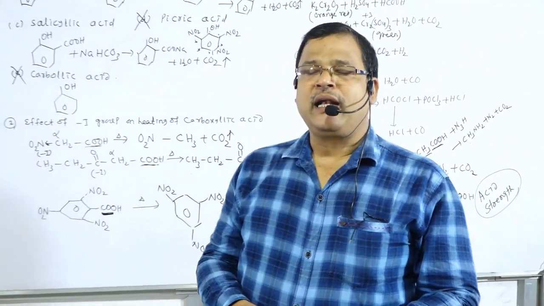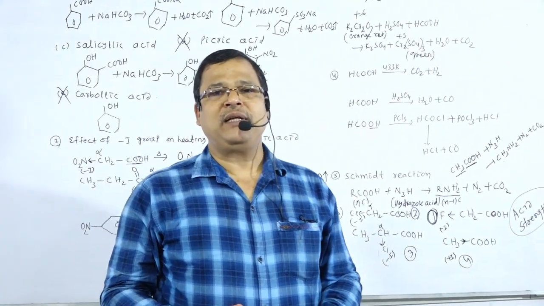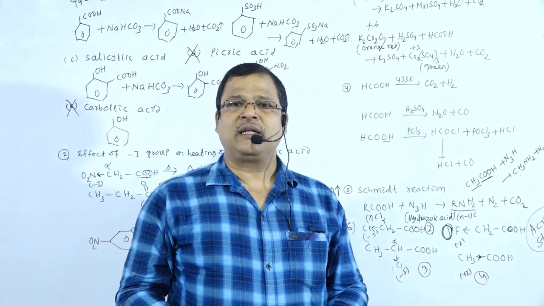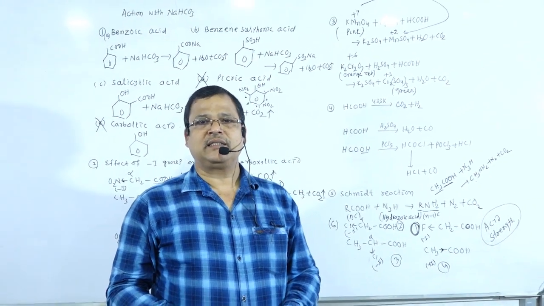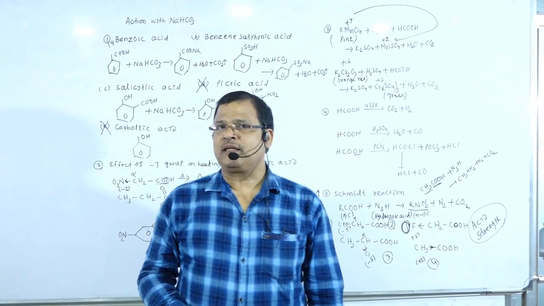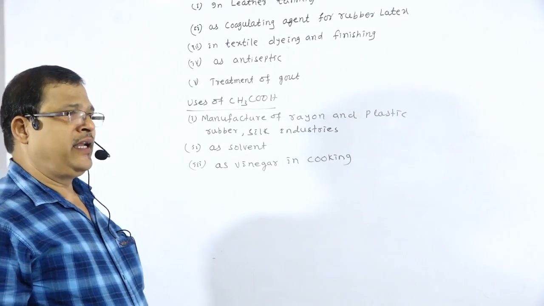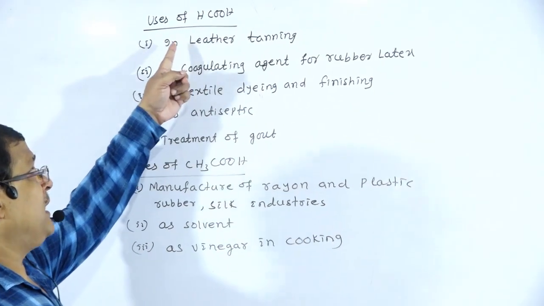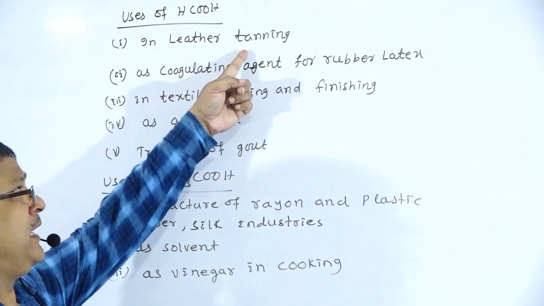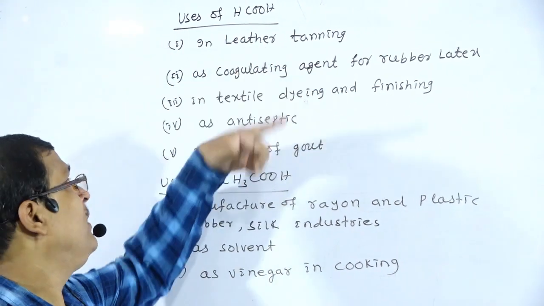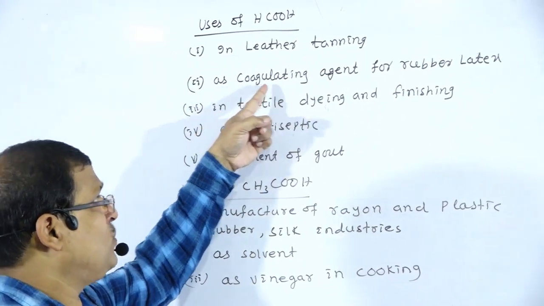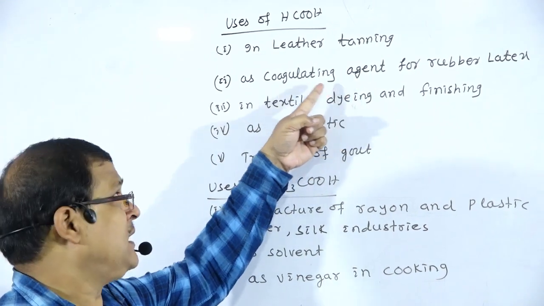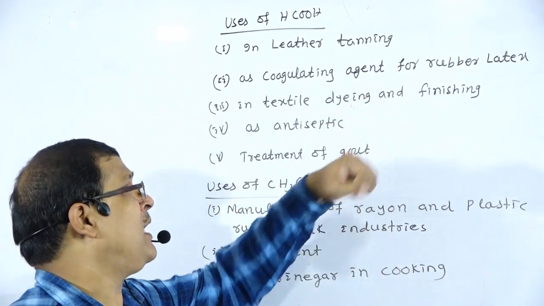Next we will analyze some of the application parts, that is, the uses of formic acid and acetic acid. Formic acid is used in leather tanning. Second, as a coagulating agent for rubber latex.